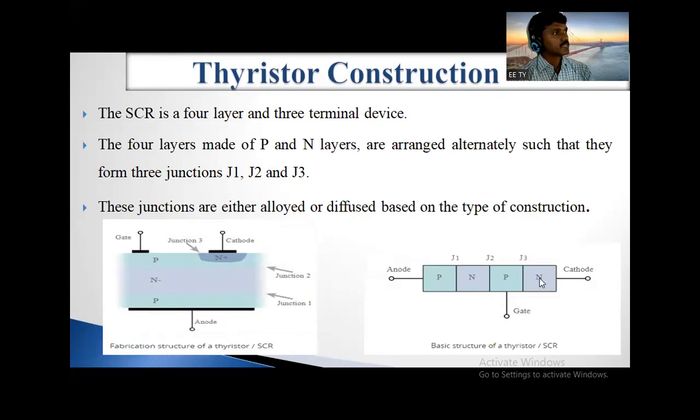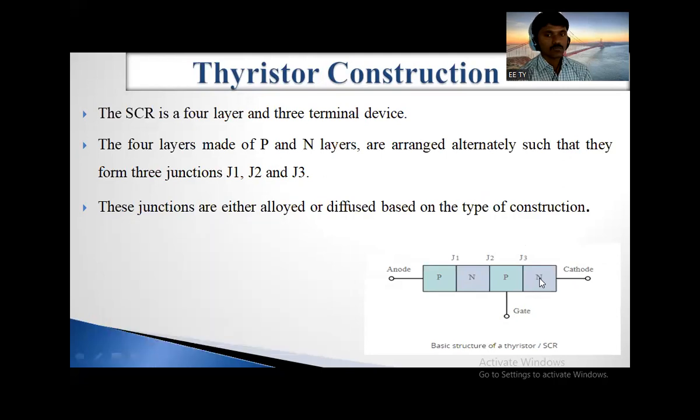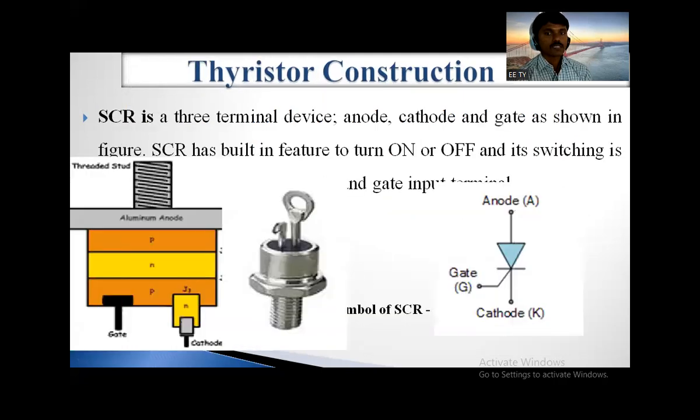So simply, we use one symbol. This is the symbol of the thyristor. If you want to draw the thyristor, there is no need to draw all these things: P layer, N layer, P layer, N layer, gate, anode, cathode. Just draw this symbol only. Clear? See the symbolic structure of the SCR, silicon controlled rectifier.